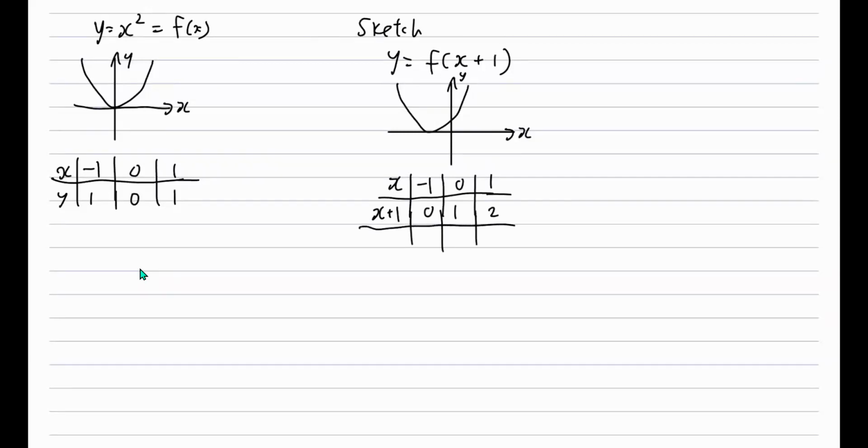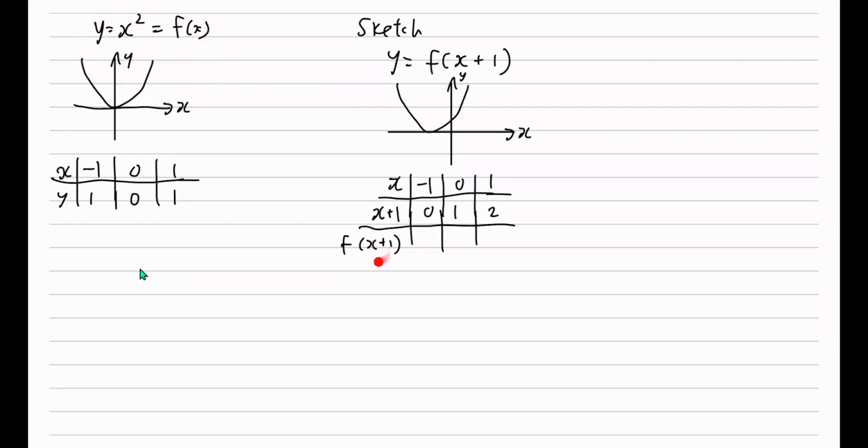Good. Then in this case, what's f of x plus 1? x plus 1 is 0, 1, and 2 already, right? So f of 0, f of 1, and f of 2. Does it make sense? What's f? f is this guy, x squared.